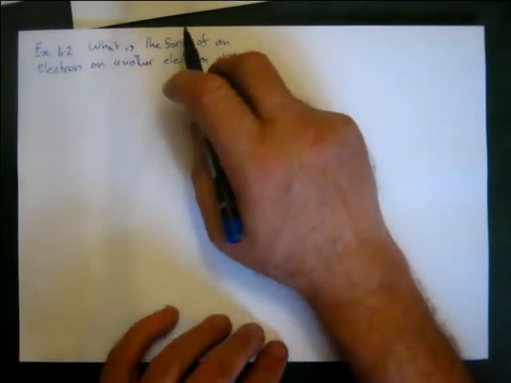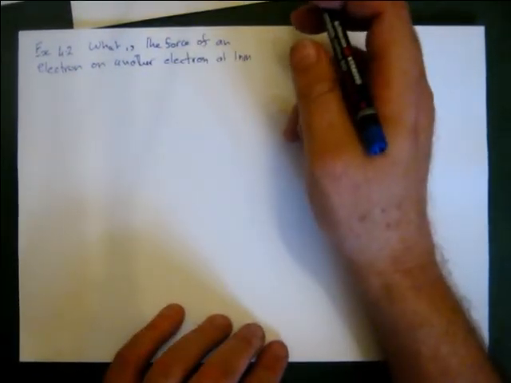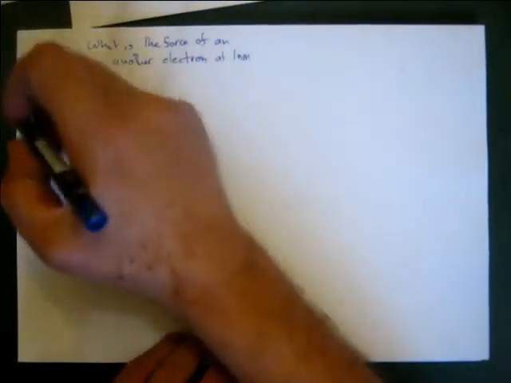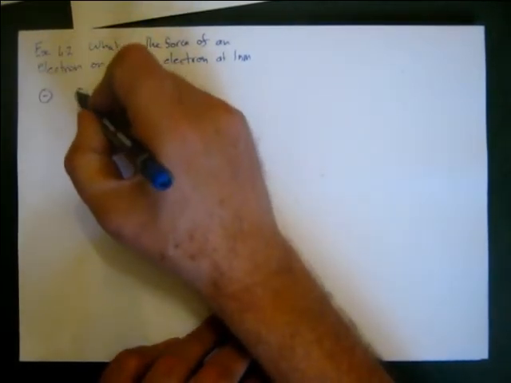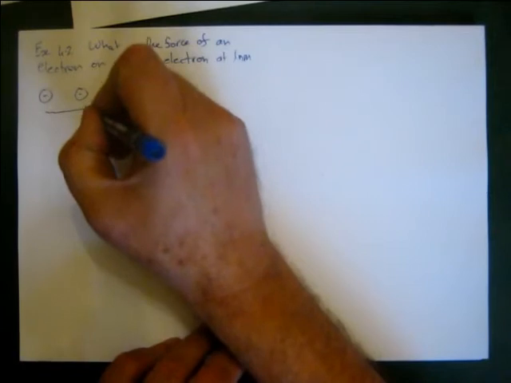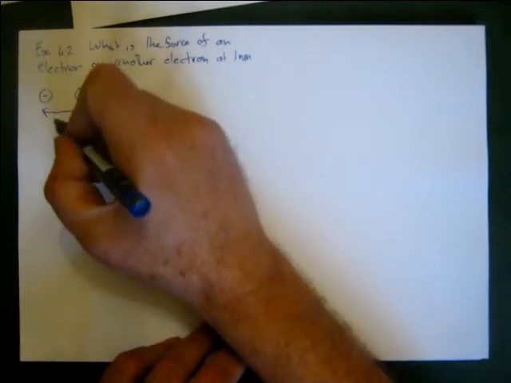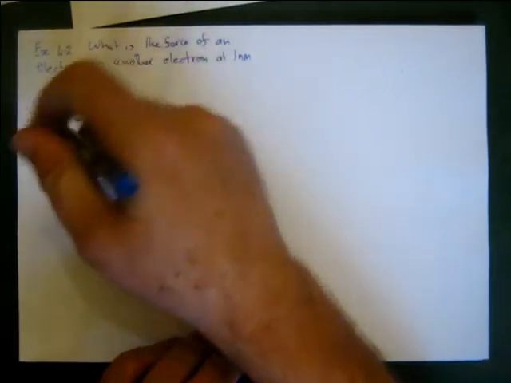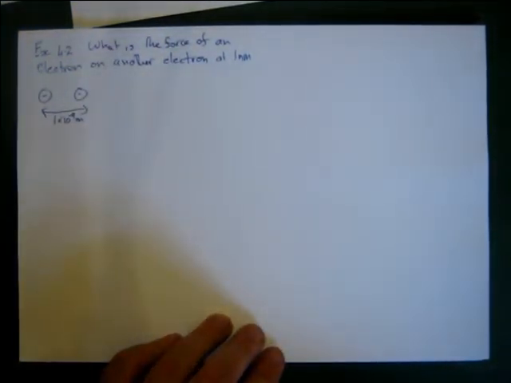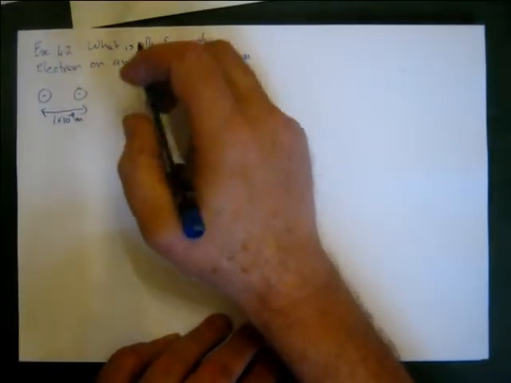Now, I'm a great fan whenever doing problems. Step one should always be to draw a picture. So we have an electron and we have another electron, and the distance between them is going to be 1 times 10 to the negative 9 meters. Remember, 1 nanometer is 1 times 10 to the negative 9 meters. So let's write down what we know.